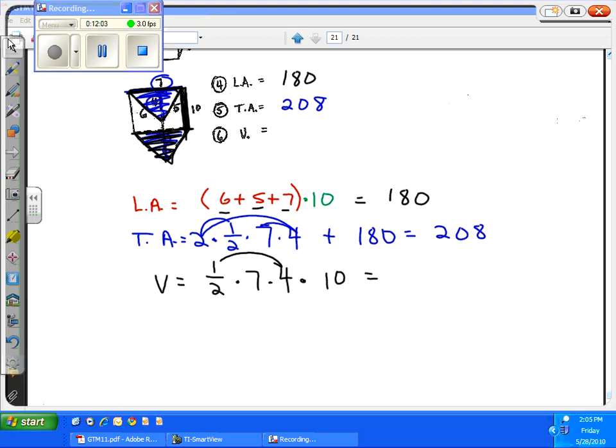Half of 4 is 2, times 7 is 14, times 10 is 140. So volume is 140. Any questions on the triangular prism? Lateral area, total area, volume? Okay?